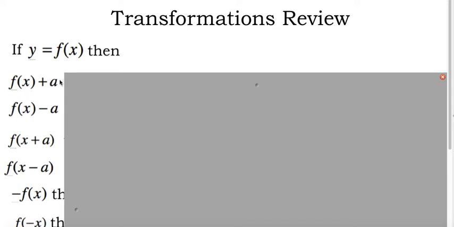Let's call that number a. So just write a sentence there. How does the graph change if you have f of x, the function, plus a number? And then similarly, if you have the function minus a number, etc.